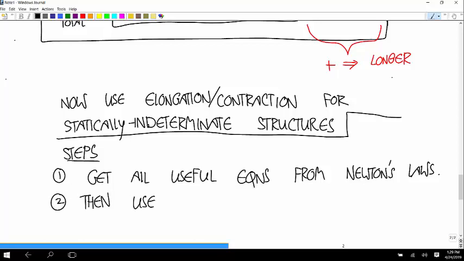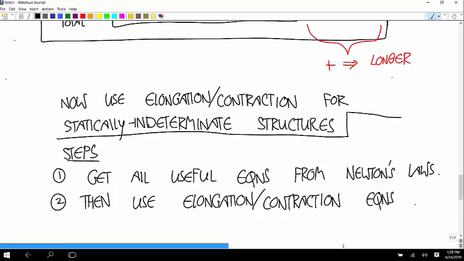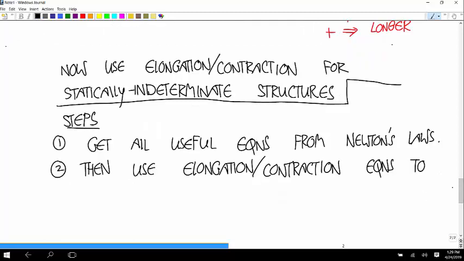Then use the elongation contraction equations to create the necessary constraint equations.